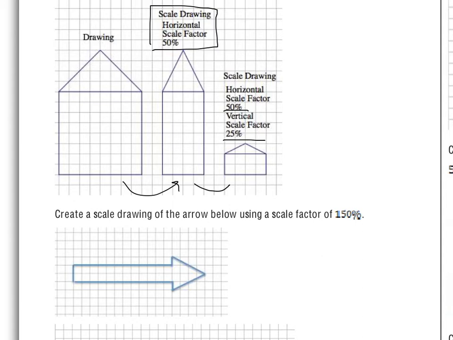So it used to look like this was 1, 2, 3, 4, 5, 6, 7, 8 by 1, 2, 3, 4, 5, 6, 7, 8. So it looks like this used to be a square, but now on the bottom we see that it is a rectangle. So we can see that that scale drawing is distorted by the fact that it has a vertical and a horizontal difference in its scaling.